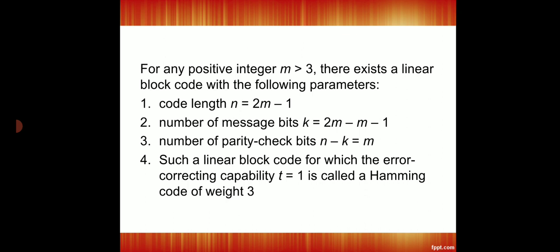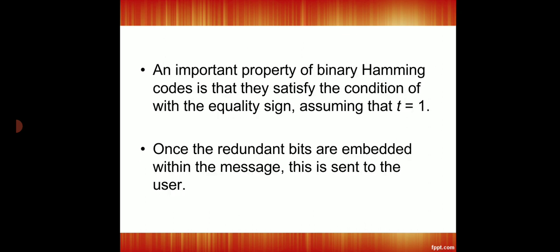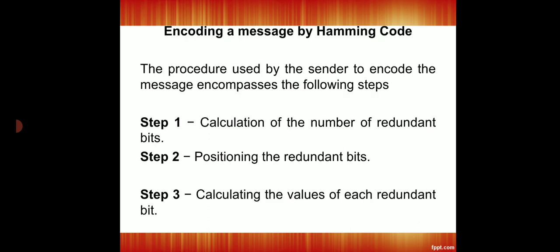Fourth, if the linear block code has n equal to 2^m minus 1, then it has an error correcting capability t equal to 1, which we call a Hamming code of weight 3. An important property of Hamming codes is that they satisfy the condition t equal to 1, and the redundant bits are embedded within the message when it is transmitted from the sender to the receiver.